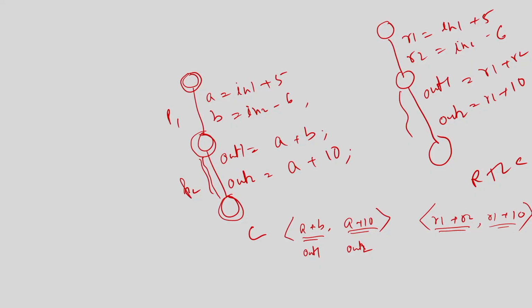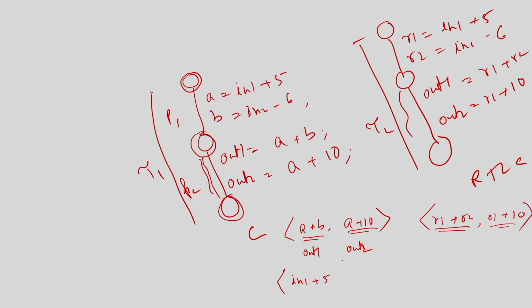So, that won't work. But now let us take the complete trace. So, this is the trace, right. So, this is trace tau 1 and this is the trace tau 2. Now, let us try to rewrite out 1 in terms of inputs, right. So, the rewriting will happen. Now, my out 1 will become A is in 1 plus 5 and B is in 2 minus 5.